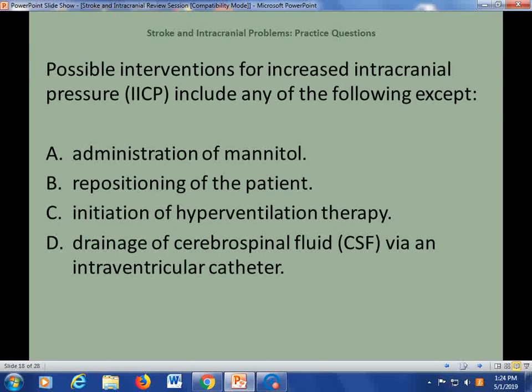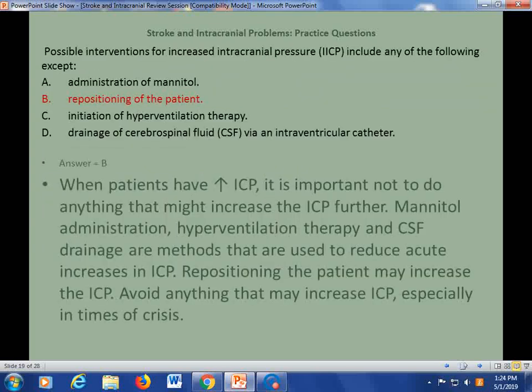Possible interventions for increased intracranial pressure include any of the following except. This is an except question, which means you have to pick what's known as the outlier, the one that doesn't fit.